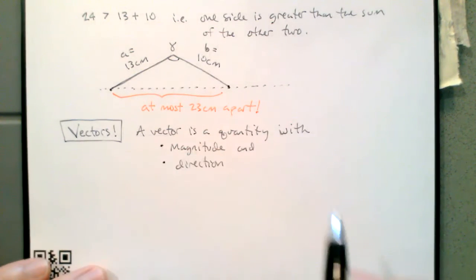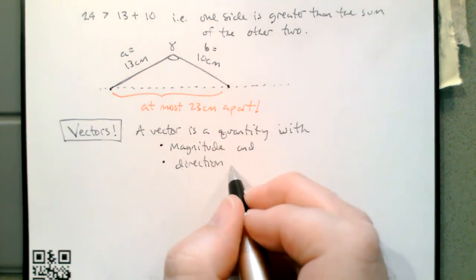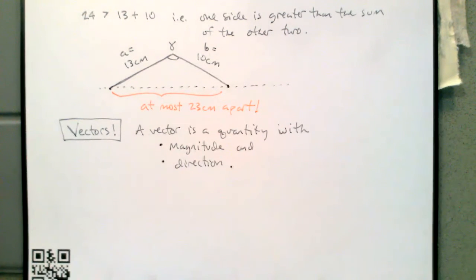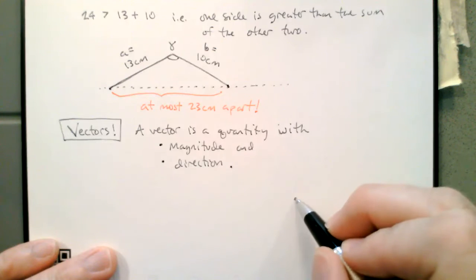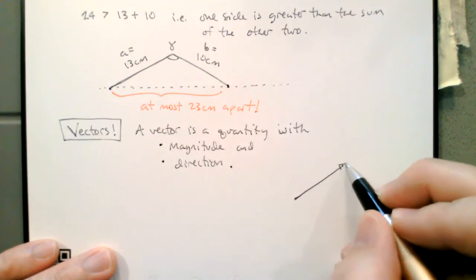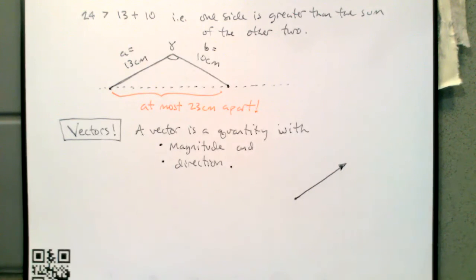So a vector is a quantity with magnitude and direction. We usually denote vectors with arrows. We visualize vectors with arrows. So they're represented by arrows.